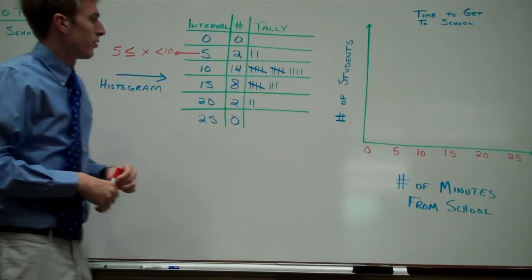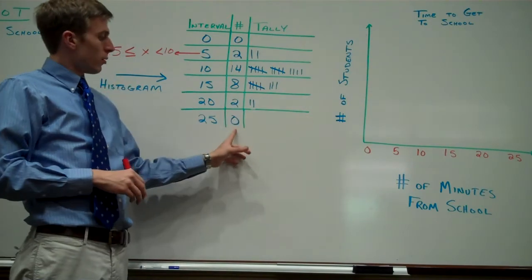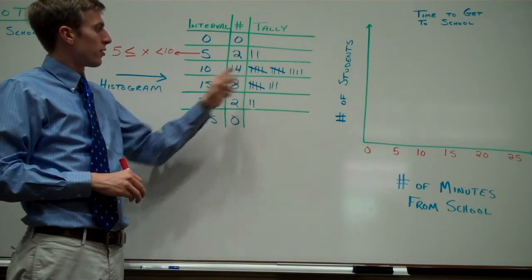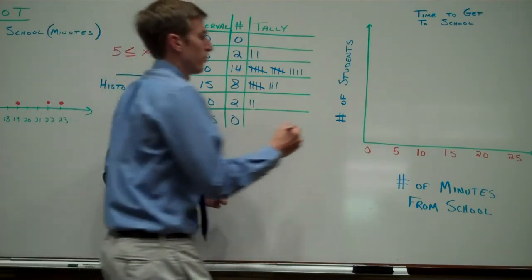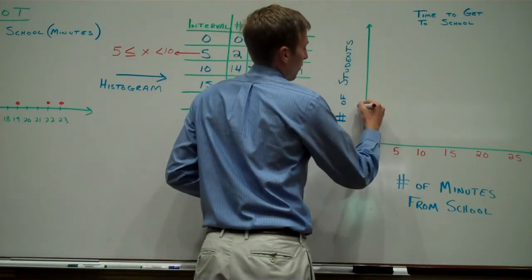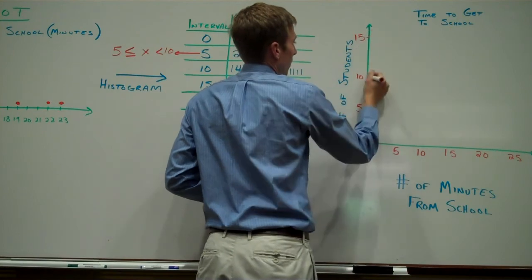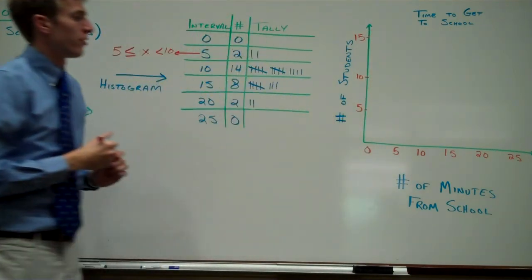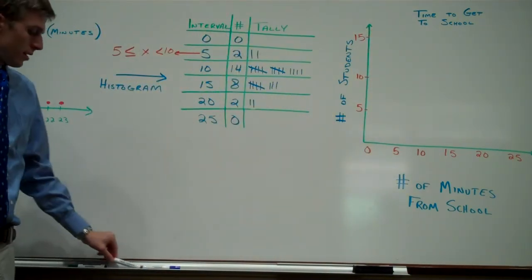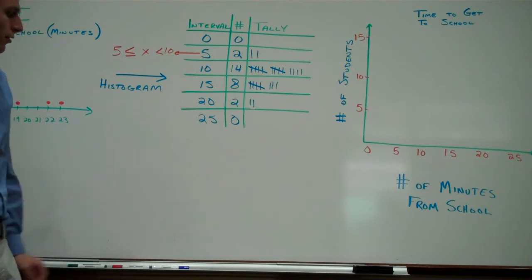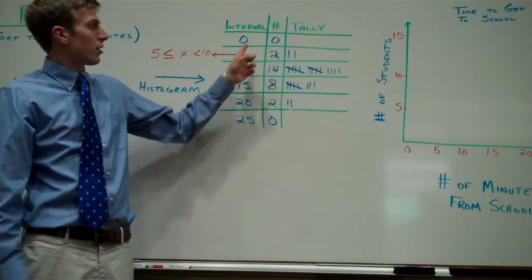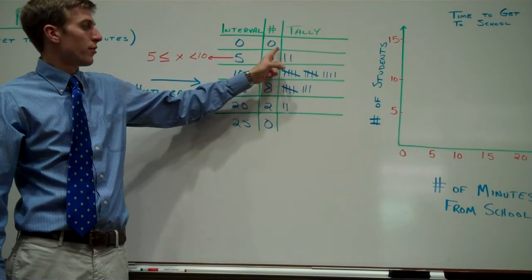The next thing we need to do is analyze our number of students. We go from 0 all the way up to 14. So let's break this down in terms of 5. So this will be 5, 10, 15, and we'll just do a rough approximation. Now, to draw the histogram, you look at your interval and you look at your number of students.